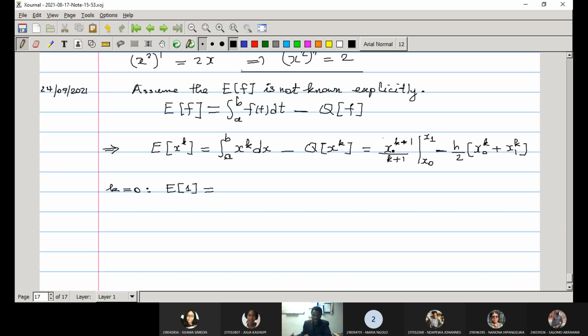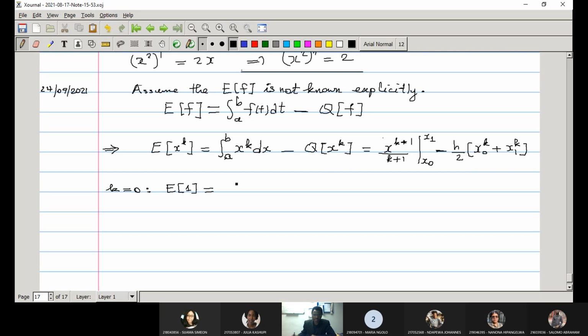If I substitute x here... Oh yeah, k is equal to 0. Okay, now if k is equal to 0, we substitute here.